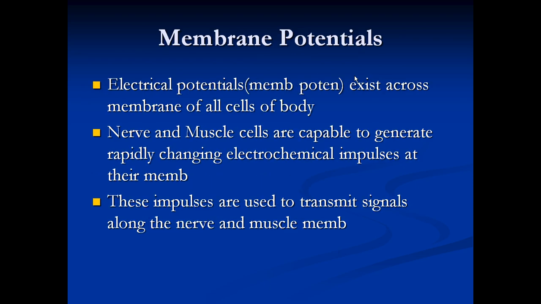Membrane potentials, which are also called electrical potentials, exist across the membranes of all cells of the body. Nerve and muscle cells are capable of generating rapidly changing electrochemical impulses at their membrane, and these impulses are used to transmit the signals along the nerve and the muscle membrane.